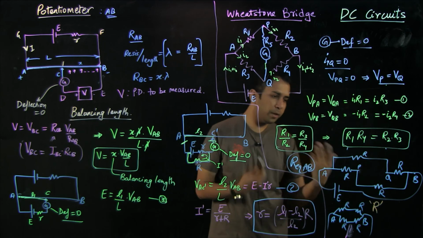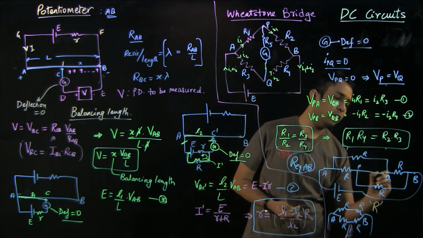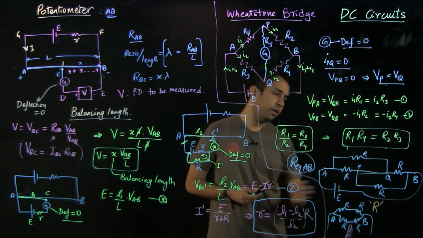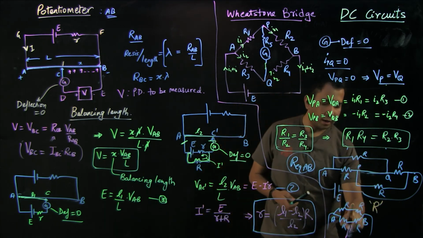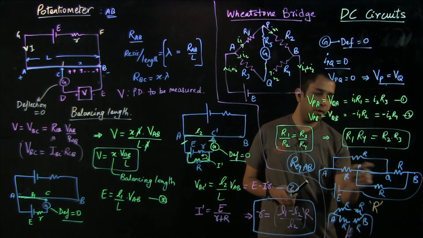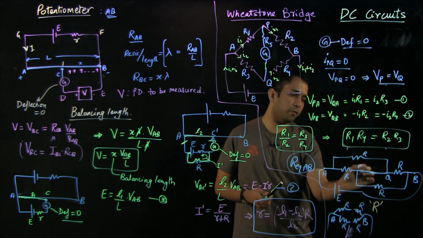Now let's do it by the second method. I know that there is no potential difference between P and Q, so I am just joining them. Because I am joining them, I'll shrink the zero resistance wire and join them at one point.